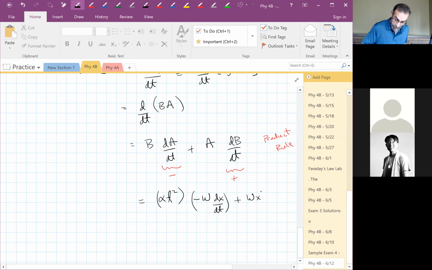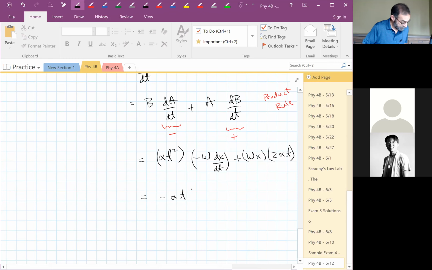And we have a dB dt, which is 2 alpha t. Is that right? And I get something like, dx dt is just the velocity. Something like that.